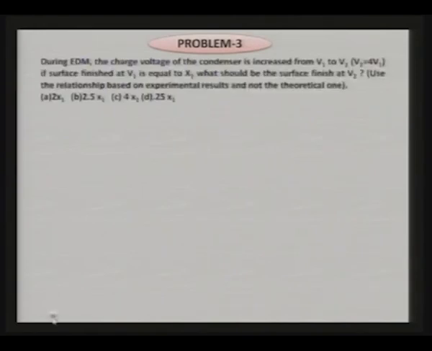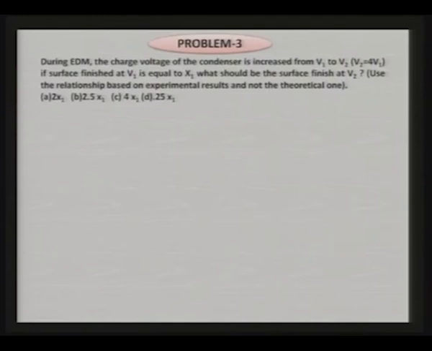Let us take the next problem, that is the problem 3. During EDM, the charge voltage of the condenser is increased, and V1 gives a surface finish equal to x1 micrometer. What should be the surface finish at V2?